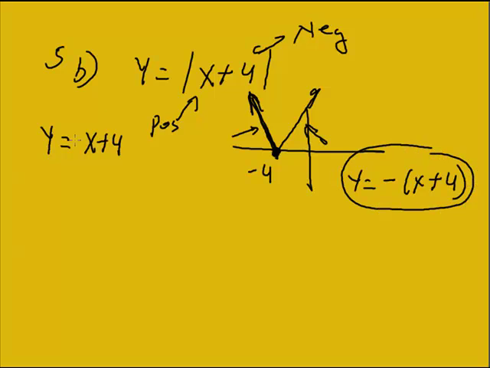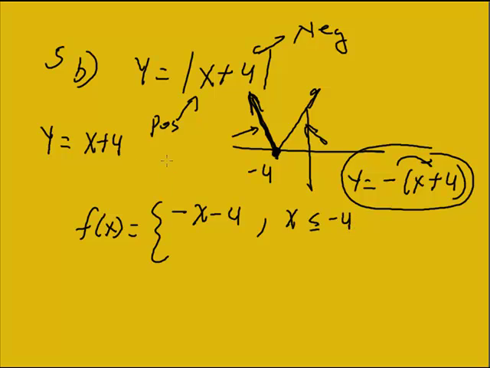So we're going to write this as a piecewise function. So f of x is equal to negative of x plus 4, okay, negative x minus 4. I just distribute the negative sign. I don't have to, but I just did that. When x is to the left of -4, when x is less than or equal to -4. And then what happens to the right? Well, the right is this line right here.